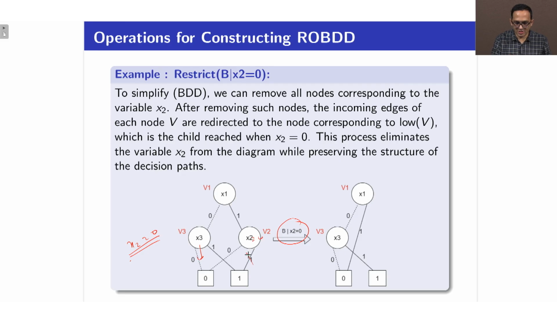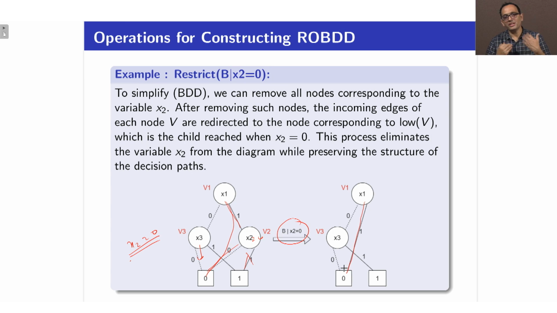What does it mean? This does not exist. So, only this exists, and this variable also is 0. I will just connect this directly to this node. This is how the restrict operation works. What I have done is connect the high of x1 directly to the 0 node. This is the restriction in a BDD.